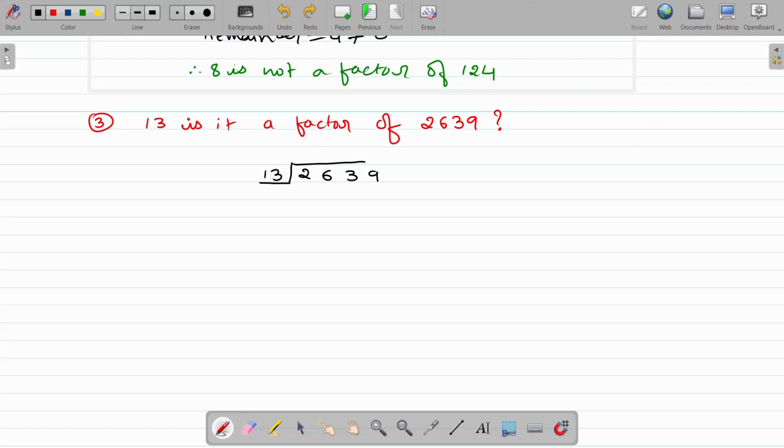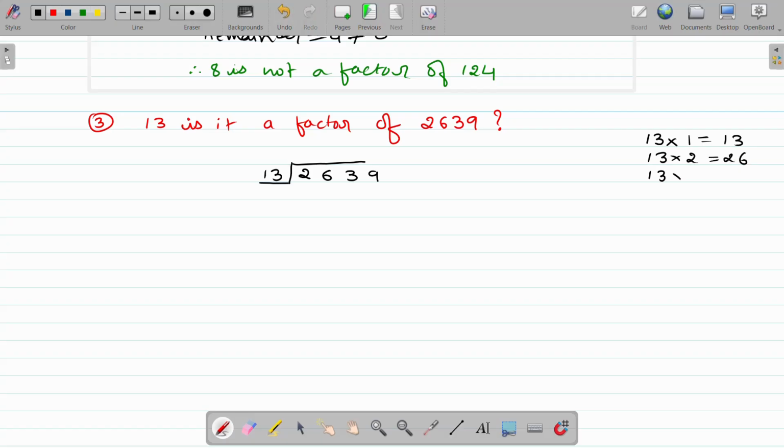And then on the right side, if you know the multiples of 13, you can memorize and write them, or else recall them. If you don't know, multiply it on the right side and get it. 13 means 3 ones are 3, 1 one is 1. Next is 13 into 2, 3 twos are 6, 1 two is 2, so we got the second as 26.